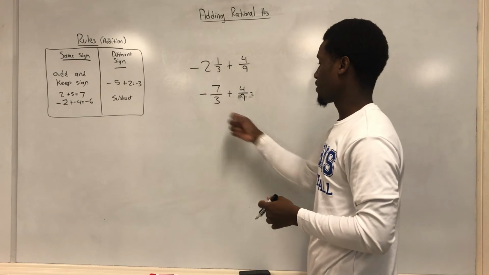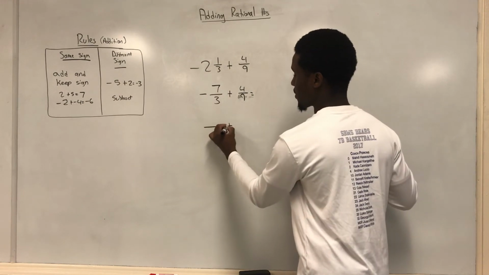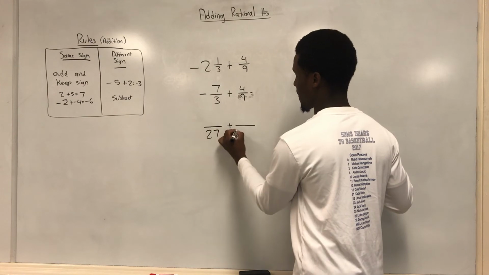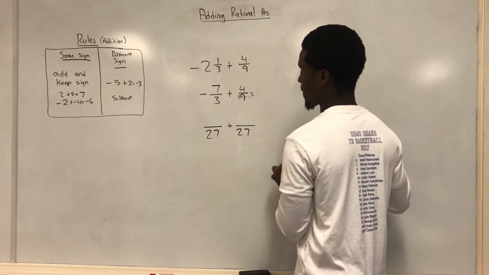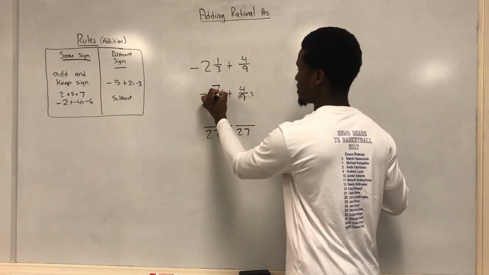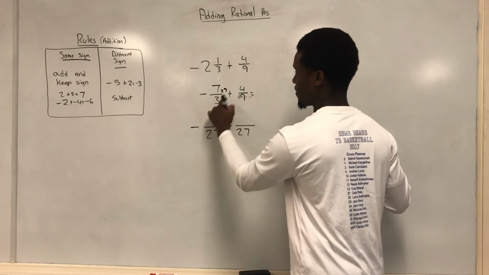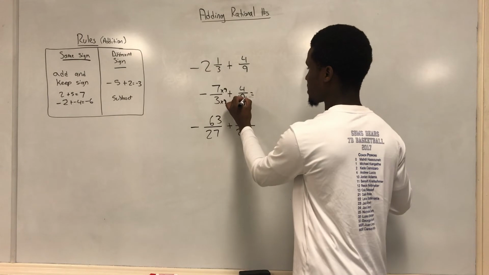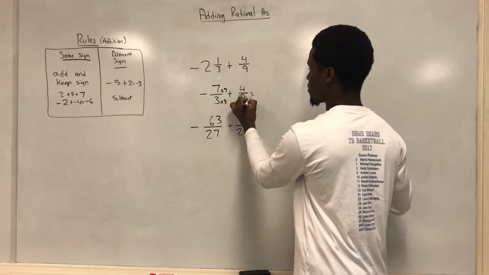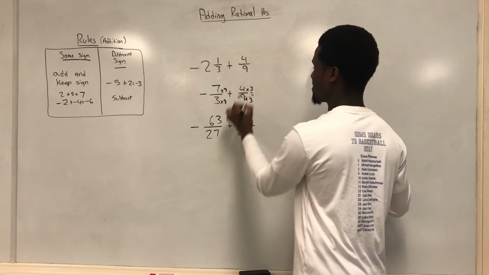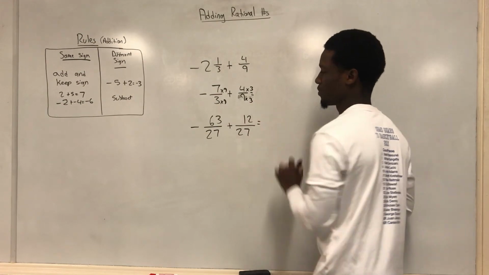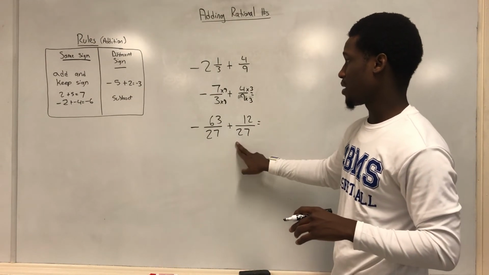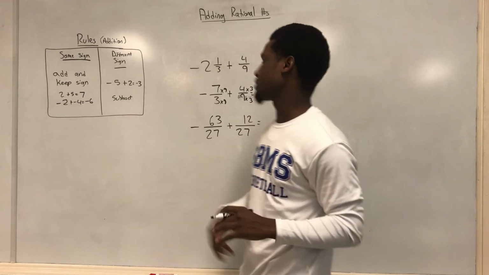I go ahead and find the common denominator. It looks like 3 and 9 could both go into 27. So, times 9, this is a negative. 9 times 7 is 63. Times 3, times 3, this is going to be equal to 12. So, at this point, signs are different. I have a negative and a positive, so when signs are different, I need to subtract.